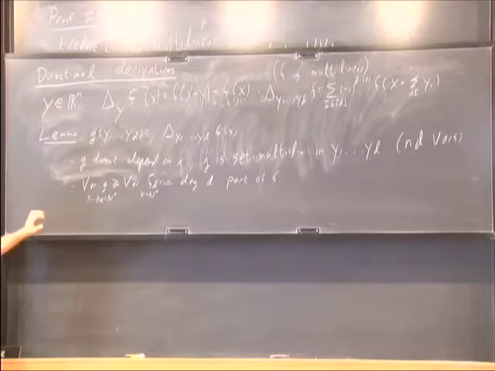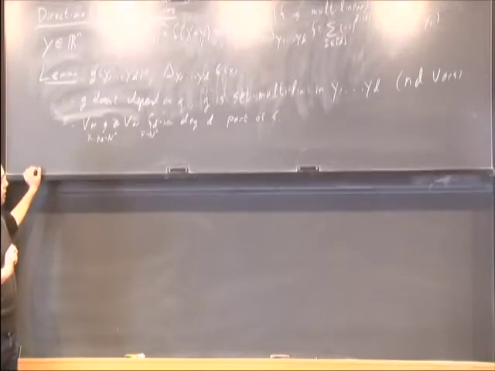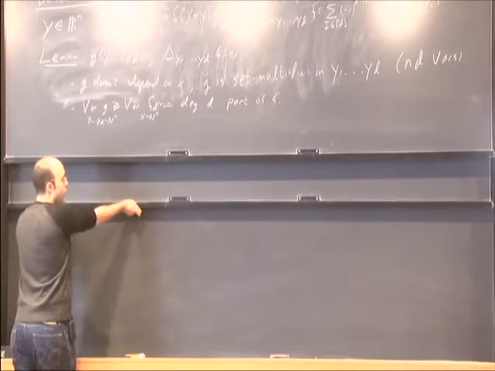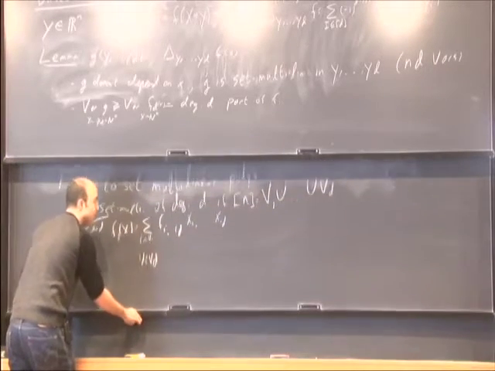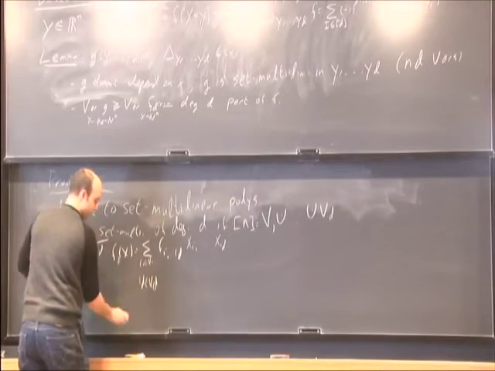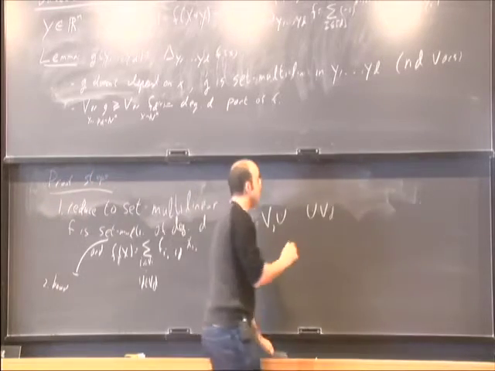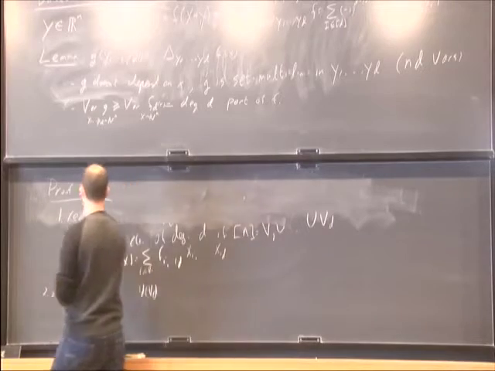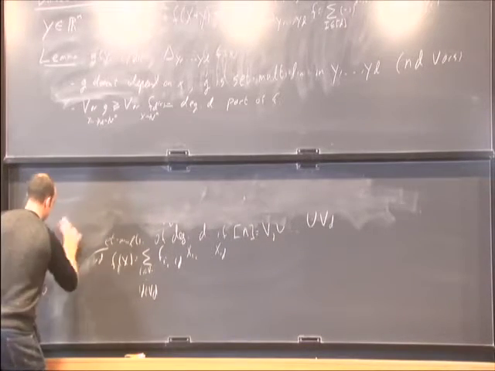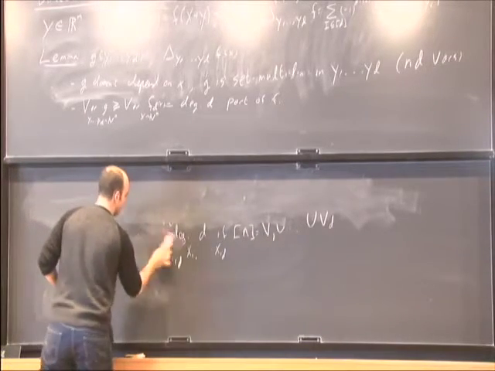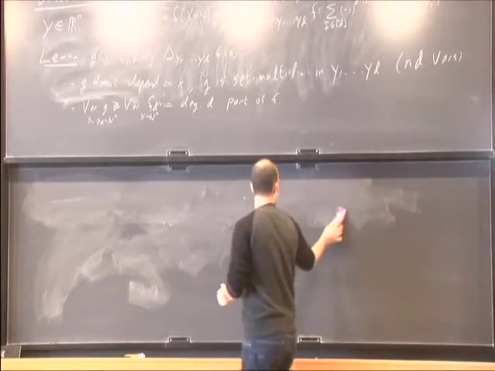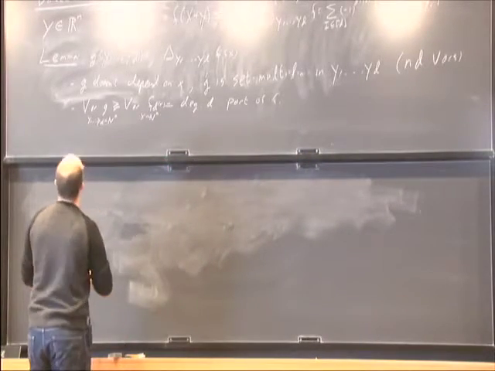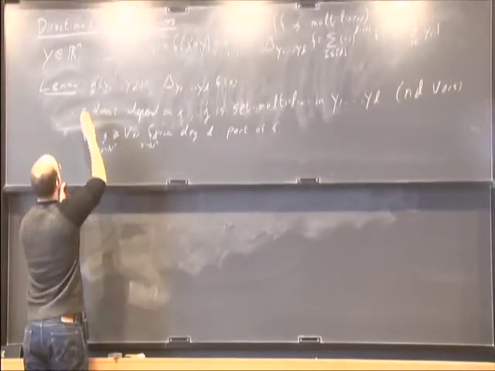So that's going to be one lemma, lemma 1. And then the second lemma will say that it's enough to get bounds on g to get bounds on f.